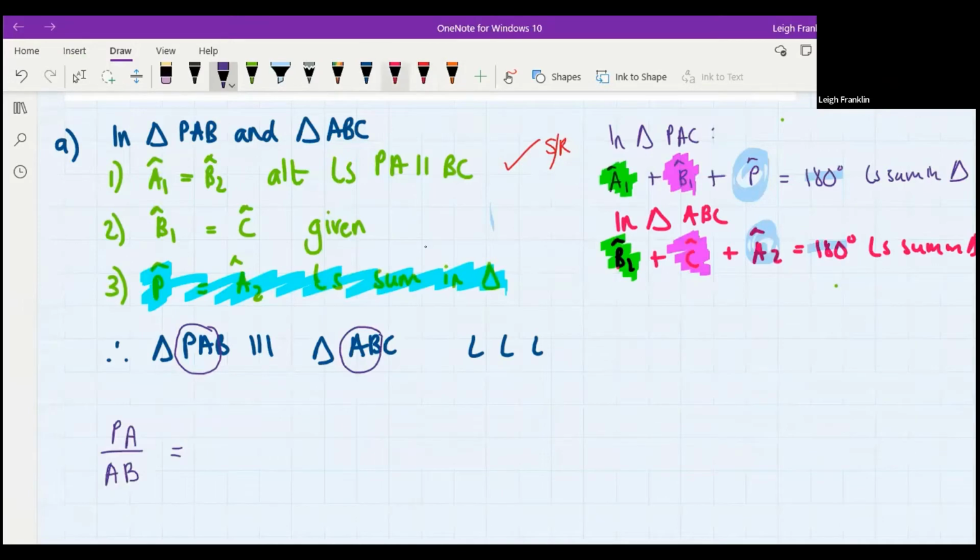Then the second two letters: here AB corresponds with BC. And then, Matrix, it's first and last. So PB, that side corresponds with AC.